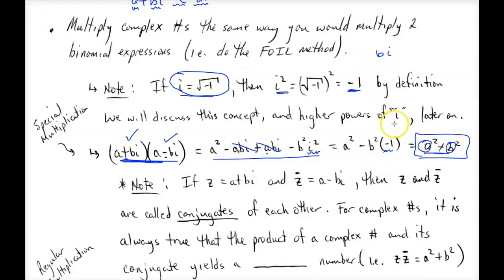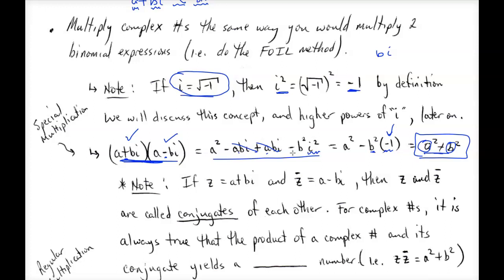But since I squared is -1, we have a real number here times another real number here. And so any real plus another real gives you a real number. So hence, anytime we multiply a complex number times its conjugate, we end up getting a real number as a result. And it turns out that's actually how we're going to figure out how to properly divide complex numbers as well.